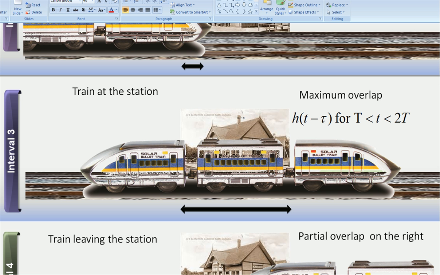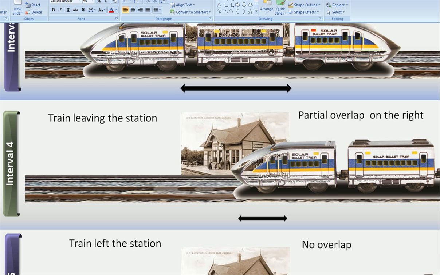So when you look at the station and the train, we can clearly see that the train is leaving the station, so only the back end of the train is within the boundaries of the station. So the overlapping region is from the back end of the train to the front end of the station.